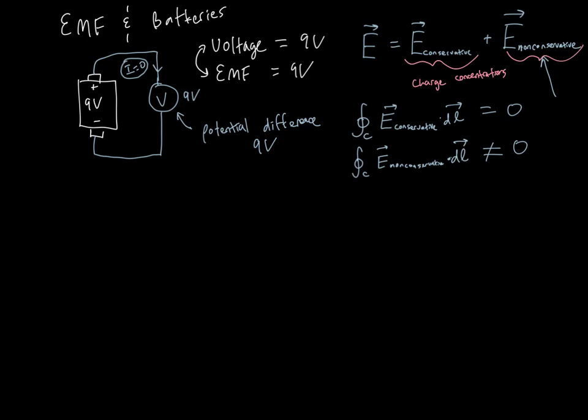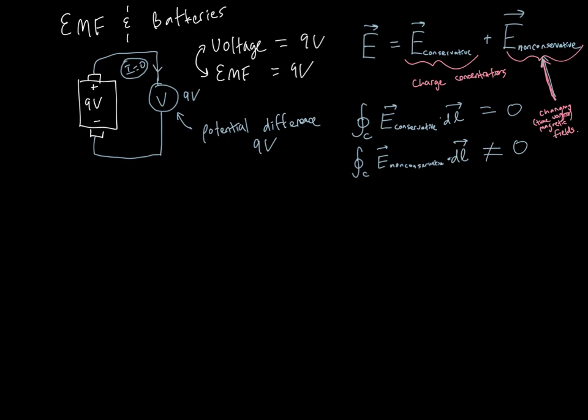Some people would say they're not produced by changing magnetic fields, but they're at least associated with changing magnetic fields. When I say changing, I mean time varying. So maybe let's put that in parentheses. Time varying magnetic fields. And that's it. These are the two things that produce electric fields. Charges and magnetic fields changing in time.